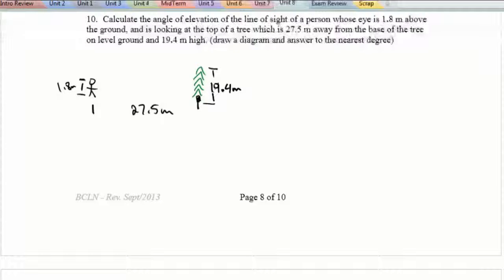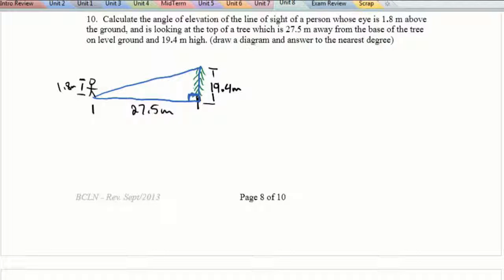So I've drawn a picture and I've included all the information I'm given. The trick is this. When I draw my triangle, from the person to the base of the tree to the top of the tree, there we go, I have a right angle now. The question's really specific.